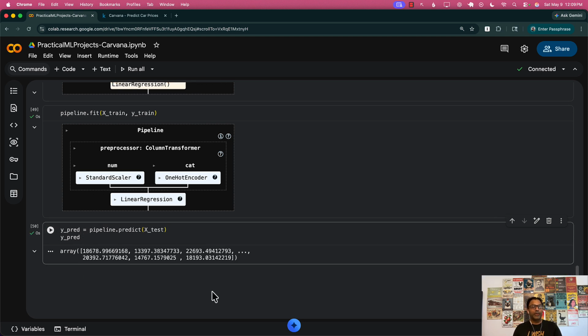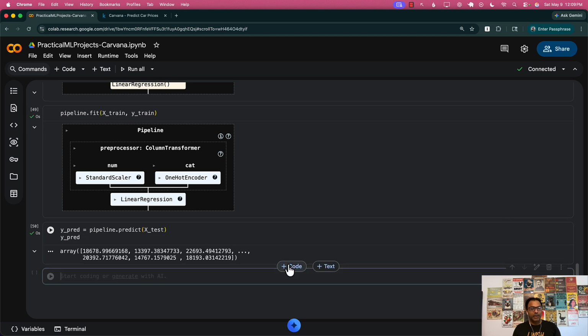Now, if you look at the predictions, these are just the final target value, which in our case is the price of a car. But we also want to find out how accurate these predictions are. I mean, just by looking at these numbers, it's very hard to tell.